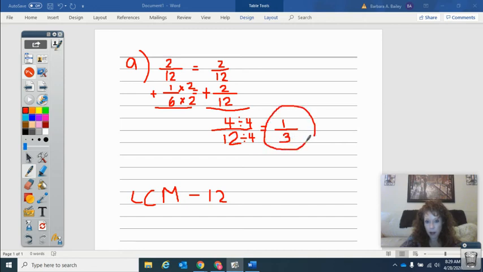So my final answer is 1/3. Okay, so 2/12 plus 1/6 is equal to 1/3. You can't get that answer with shortcuts. You've got to go through the steps: find the common denominator, add them, then simplify.